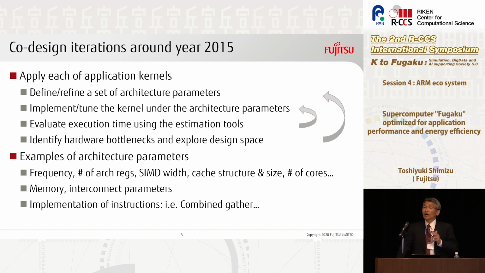And as I said, we changed the ISA from SPARC to ARM. Our SPARC processor has 128 general registers. However, ARM only has 32 registers. So we need to understand the effects of these differences.